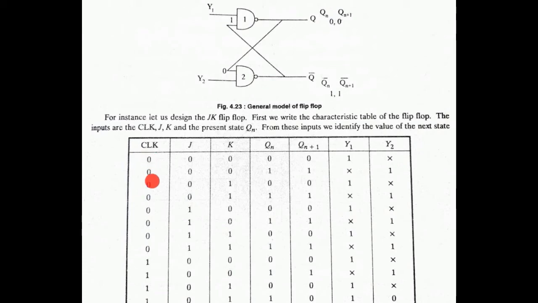Here, the inputs are J, K, Q. Since there are 3 inputs, the combinations are 2 to the power 3, that is 8. Now, for the first 8 combinations, we assume that clock is 0, and for the other, we assume that clock is 1. So, first we assume clock pulse is 0.